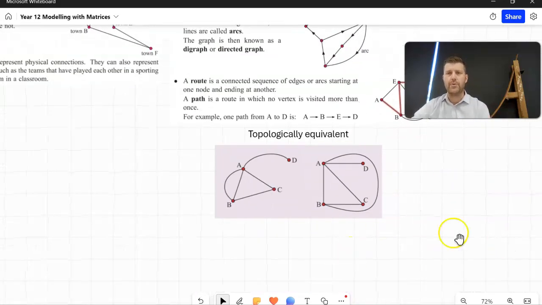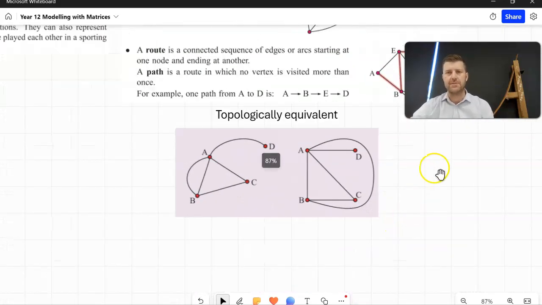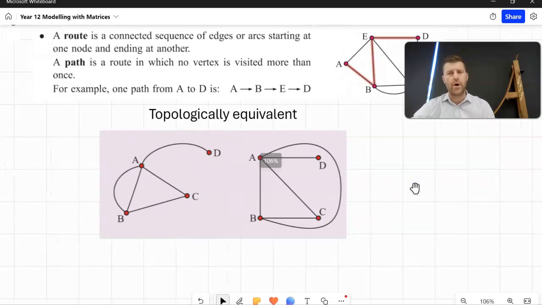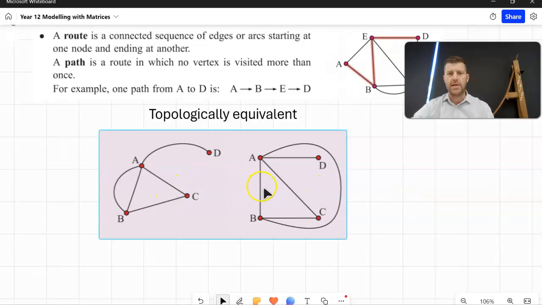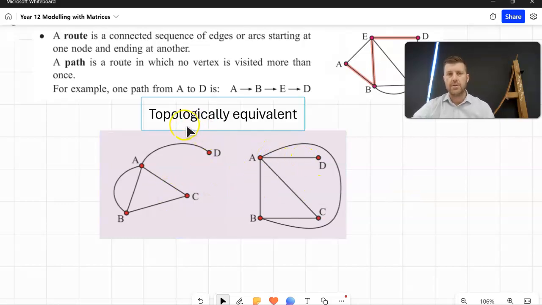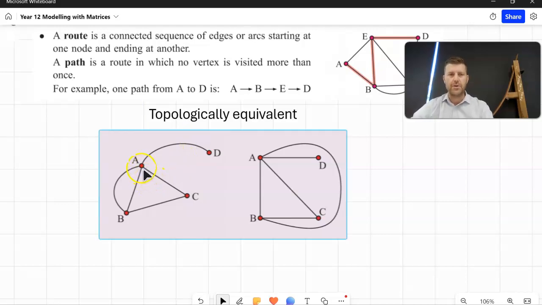One thing I just want to point out quickly before I wrap up this video is that networks aren't always drawn the same, but you can see these two networks are actually topologically equivalent in terms of they're actually showing the exact same information. So for example, if I go from node A to node B, there are two edges.